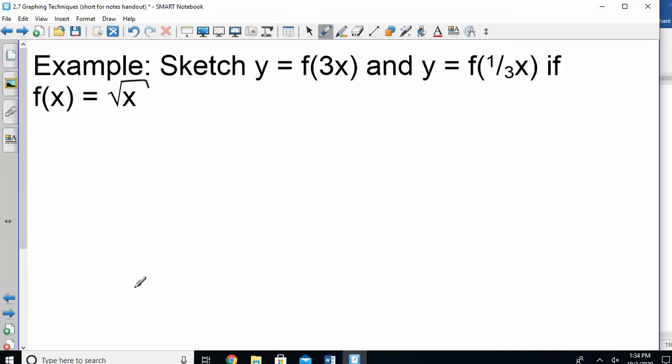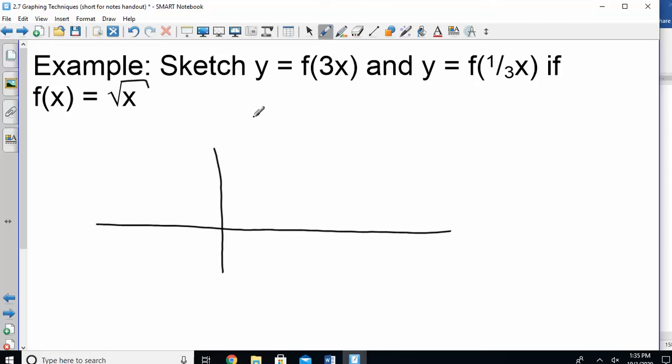So for this one, my function is the square root of x. So let's graph that parent function. What's the square root look like? Yeah, just that little curve.